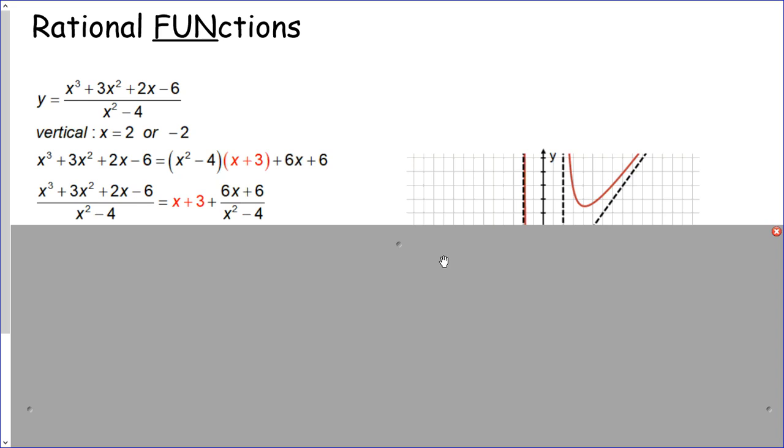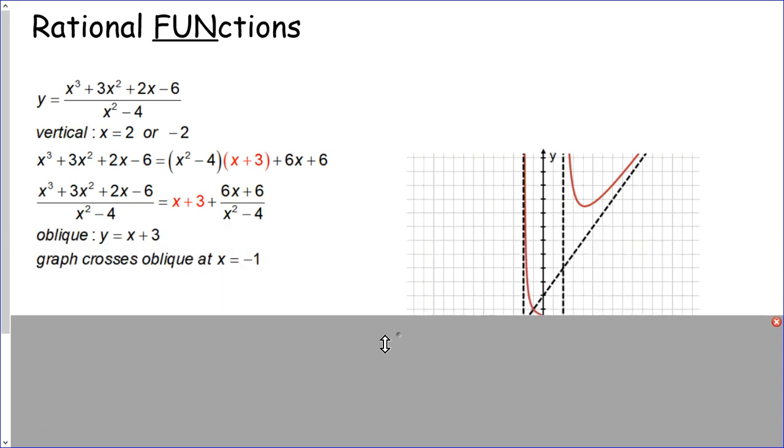Sure, a graph can never cut a vertical asymptote, but in fact, graphs can cut horizontal and oblique asymptotes, but basically with those we are interested in what happens as x gets very, very large and very, very small. Notice here that if x was minus 1, then this factor would disappear and this graph would actually be equal to its asymptote. So in fact, they would cut one another.